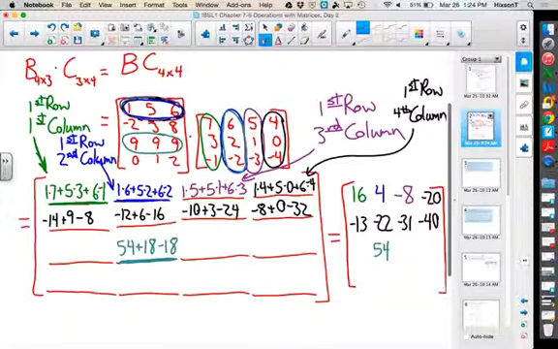Let's see here. So now we need the third row. Let's call out the numbers that we would use. First of all, 9 times 7 is 63, 63 plus 47, plus 54, negative 9, negative 9, and that's 81. Is that right? Yeah, 81. Good.